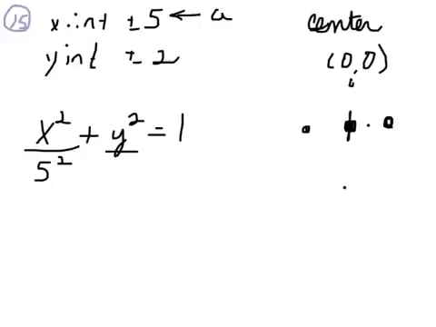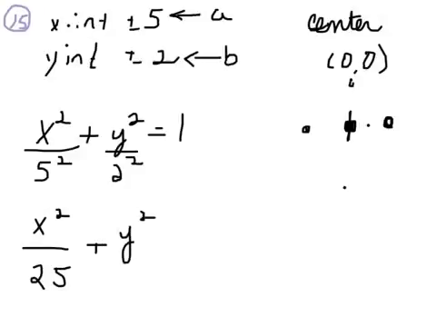And in this problem, it wouldn't even matter if I got my a's and b's mixed up. But this is actually a is 5 and b is 2. But really, I don't even have to know that. I just know on the y-axis, if I'm going to count out plus or minus 2, then 2 squared goes here. So my equation ends up being x squared over 25 plus y squared over 4 equals 1.